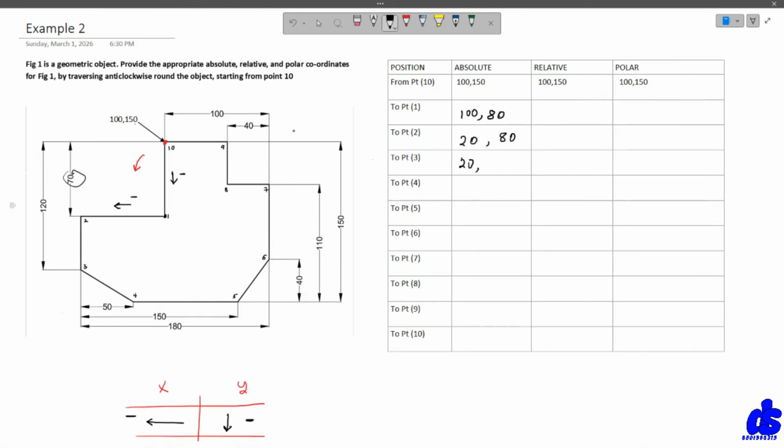That's 120, and it's going down, meaning we are going to subtract. So it's going to be 150 minus 120. And that will give us the coordinate of y for point 3. And that value is going to be 30 for y. So I'll go ahead and write 30. Let me clean this.